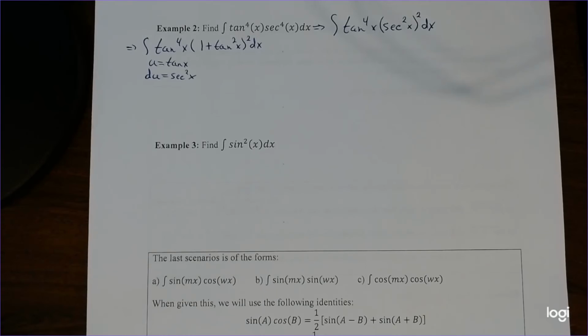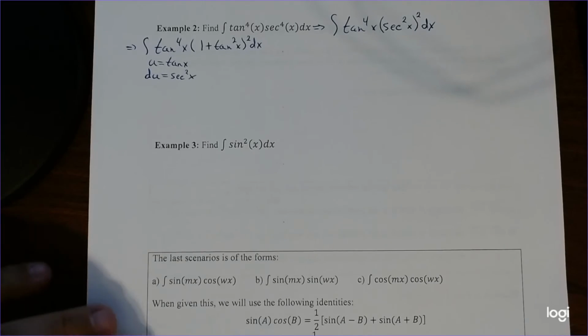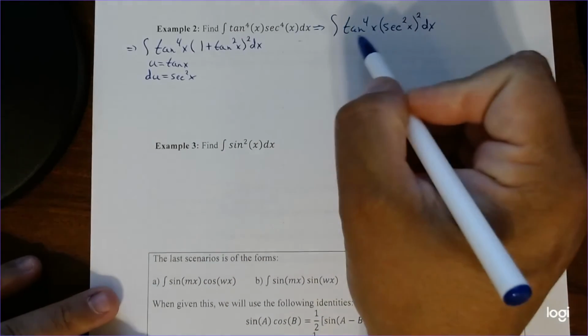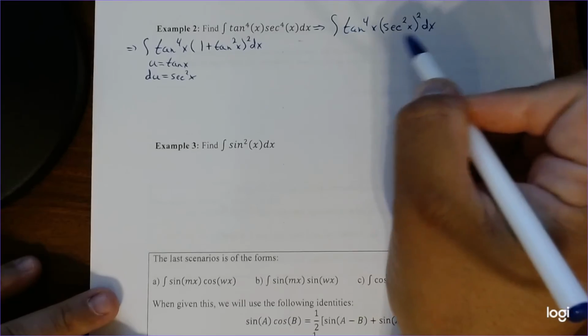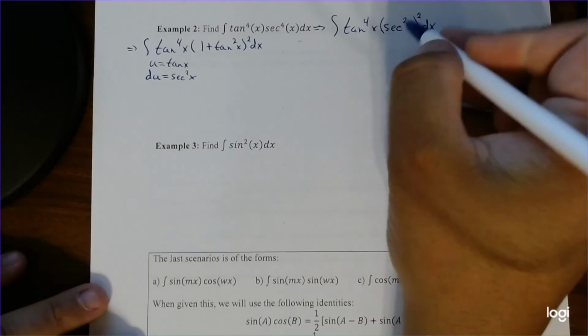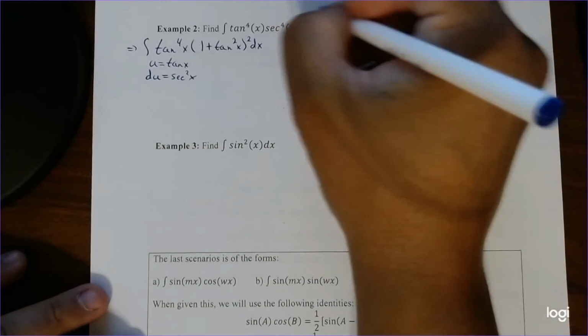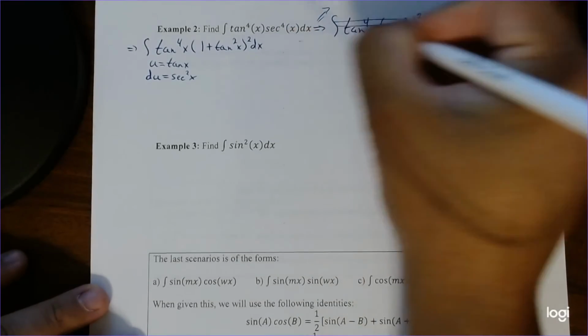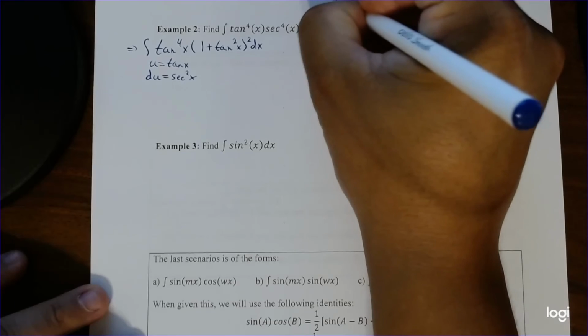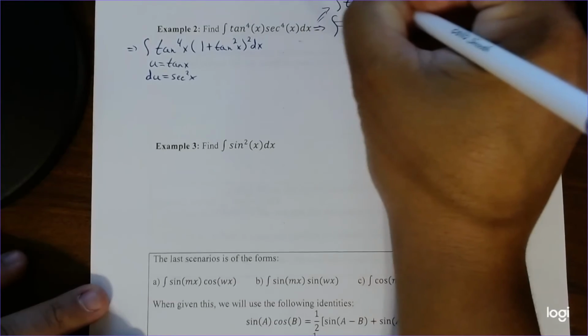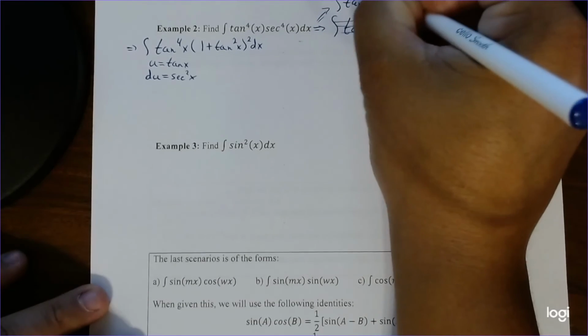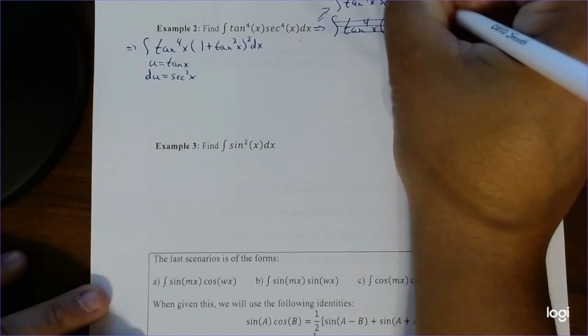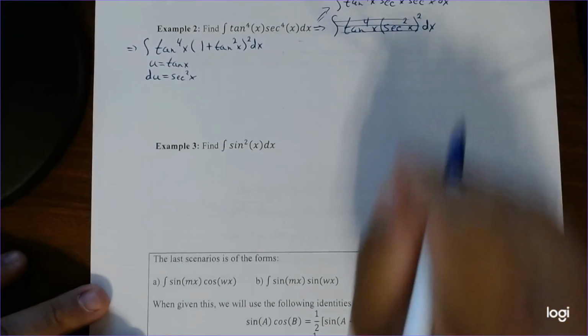So this is what I mean by sometimes your first approach isn't going to be the answer. Which means we gotta go back and figure out what we did wrong, or what's another way to rewrite this. So instead of just secant squared squared, I'm going to rewrite this as, so I'm just going to go up here. So this, no, that doesn't work. So the integral of tan to the 4th x secant squared x times another secant squared x, just like that.